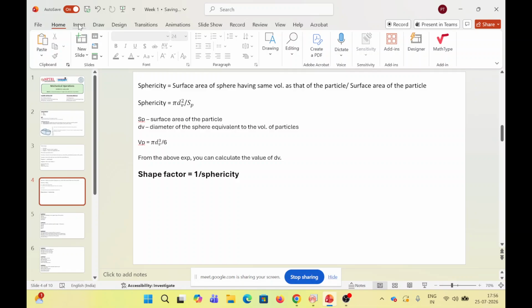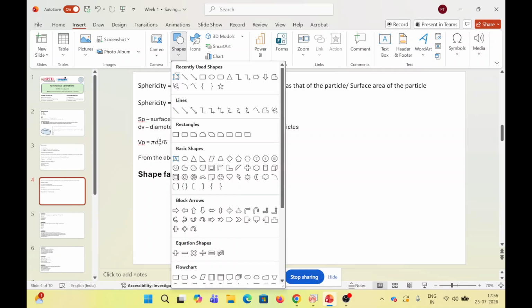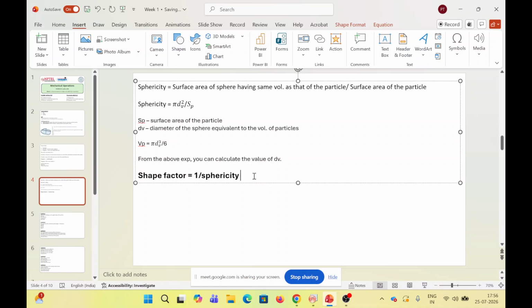Next, we have the specific surface area. Whenever you have the word specific in front of any parameter or variable, it typically means a ratio of that physical parameter upon mass.